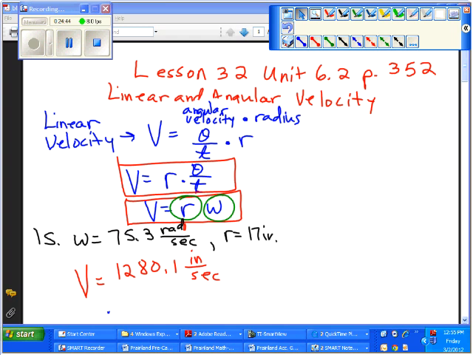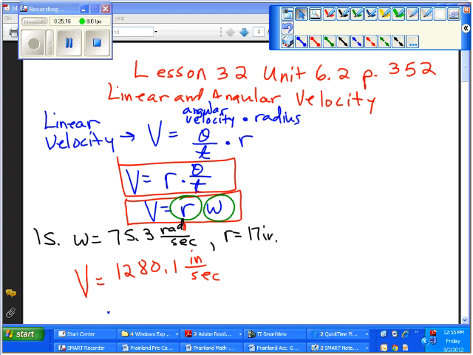We can put rad inches per second, but the radians is actually kind of understood. As we calculated the value of omega, 75.3, that would have been in terms of theta being radians. So we could say kind of radian inches per second, but if you actually wanted to know how far you went, it's not really 1,280.1 times the value of a radian.